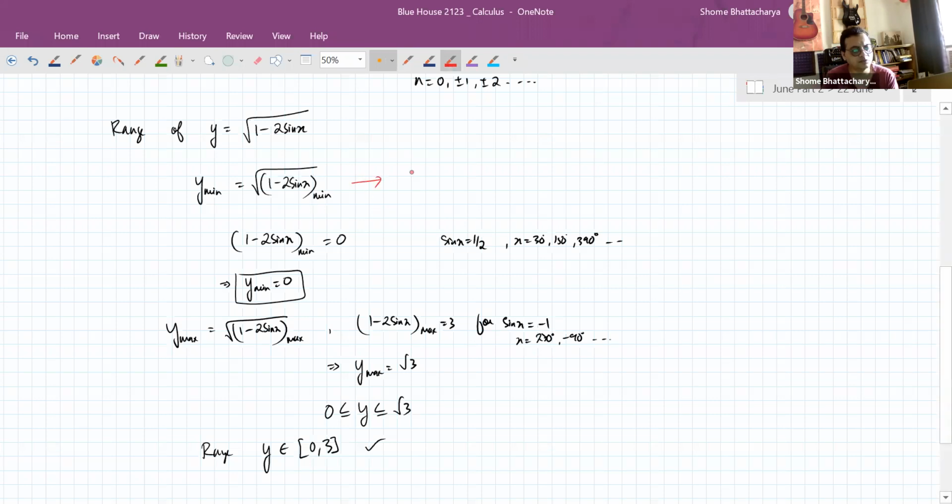So y's minimum value is when sine x is maximum, and y's maximum value is when sine x is minimum. Now the minimum value of sine x we can take here is minus 1, but the maximum value we can take is only half. If we take more than half, then we get a square root of a negative quantity, so y is not defined.